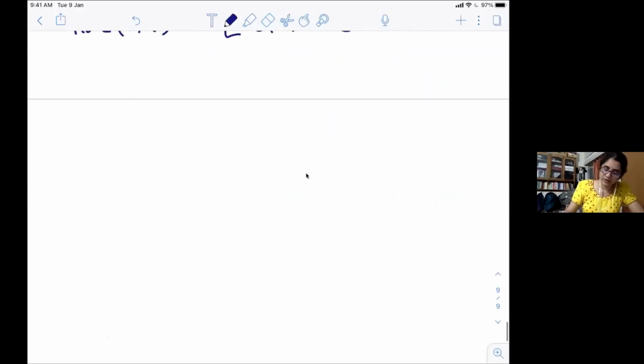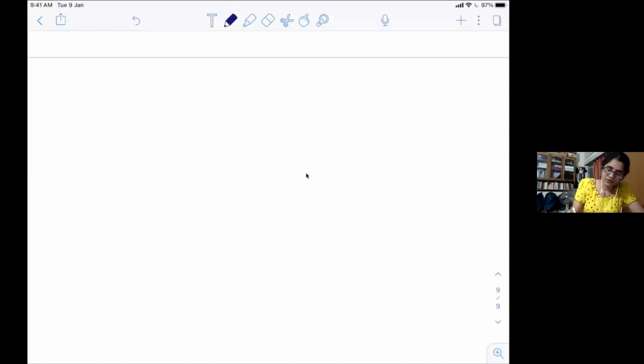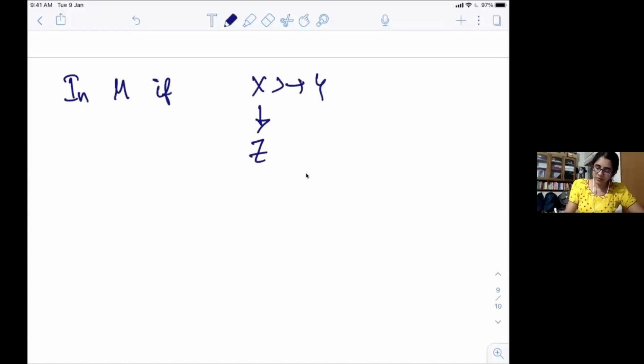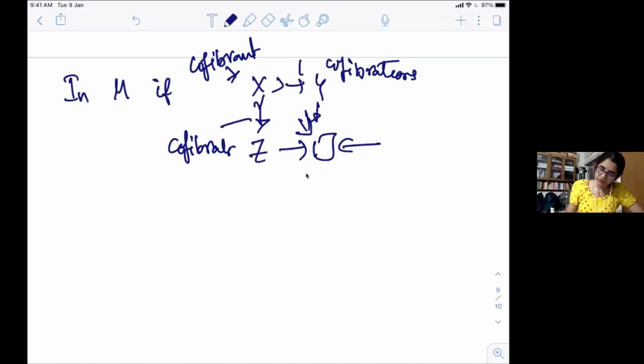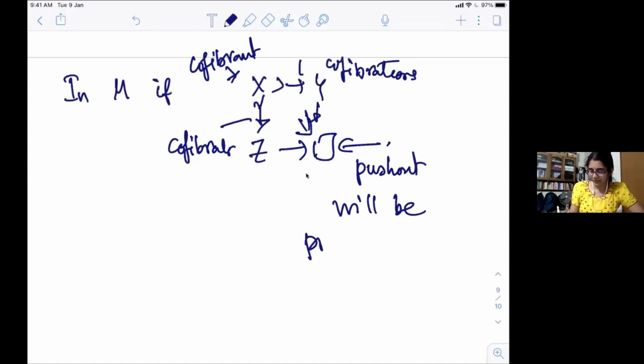What I wanted to say is that a similar sort of thing allows me, in a model category, if I have a diagram from X to Y to Z where both these maps are cofibrations, and this happens to be cofibrant, then when I take its honest push out, this push out will be preserved under weakly equivalent diagrams.